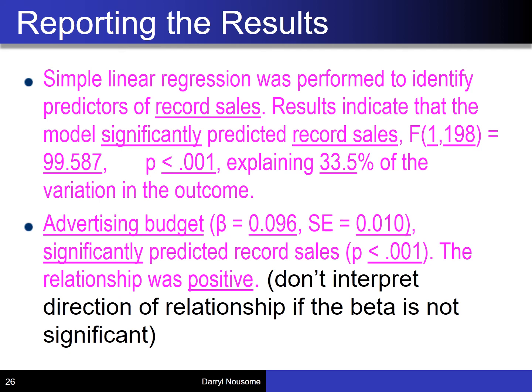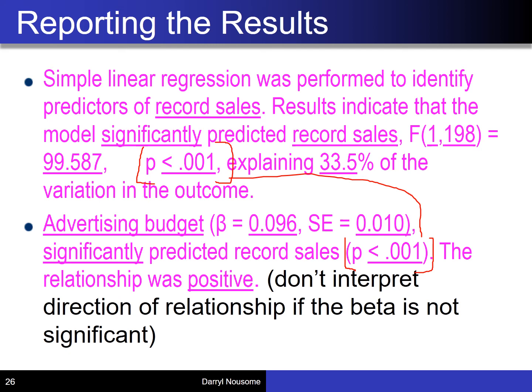Okay, so you don't have to interpret that if the relationship is not significant. So what you'll notice is that you have the ANOVA p-value telling you one thing, and you'll have your beta p-value telling you another thing. So for simple linear regression, these things should always be concordant. They should always agree, right? So if you reject the null hypothesis here, you're also going to reject it here.